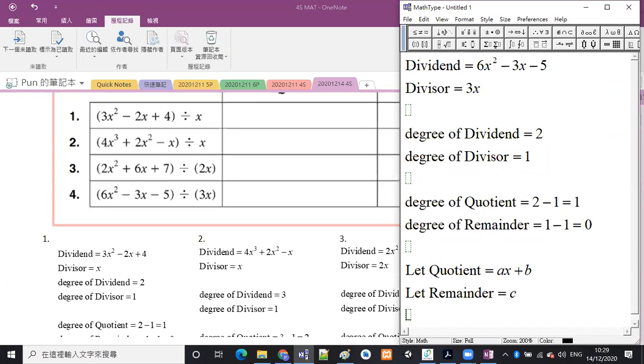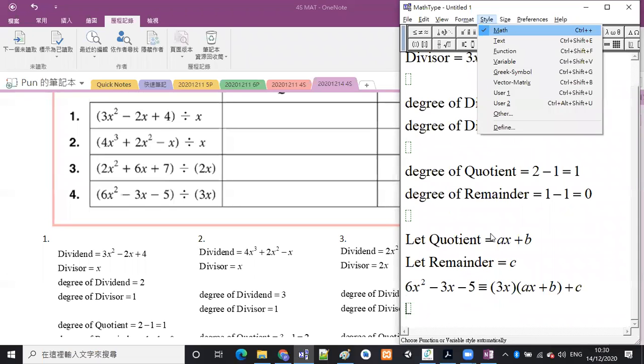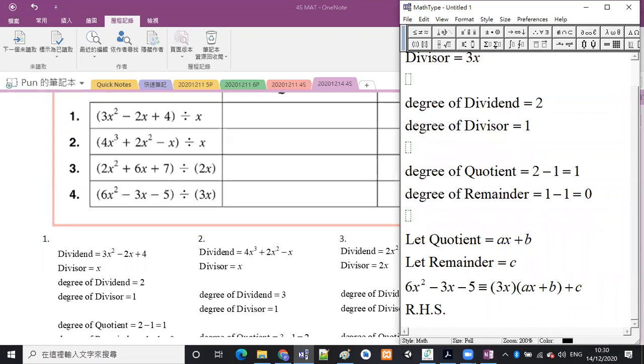Then we can relate everything together by the division algorithm. That is, the dividend 6x squared minus 3x minus 5 should be identical to the divisor times the quotient plus the remainder. For the right hand side, we just expand the bracket, 3ax squared plus 3bx plus c.